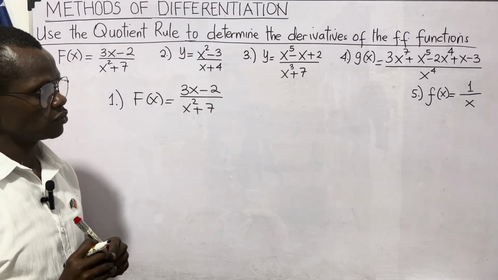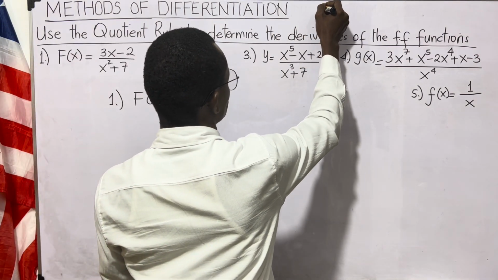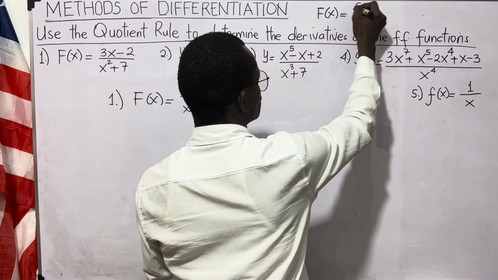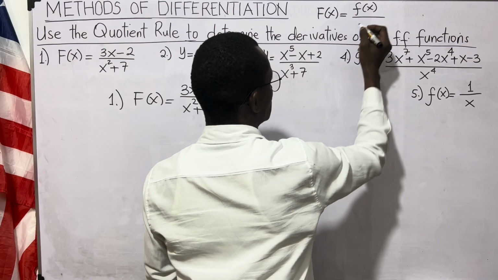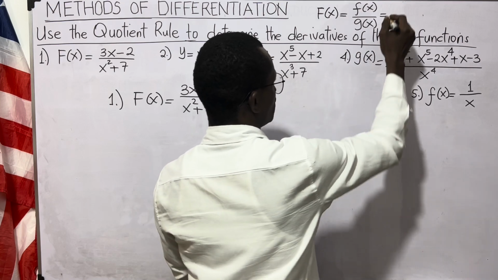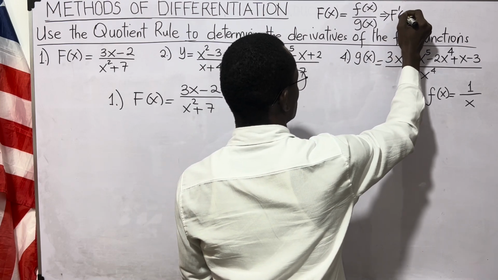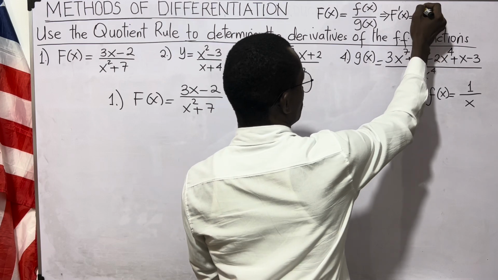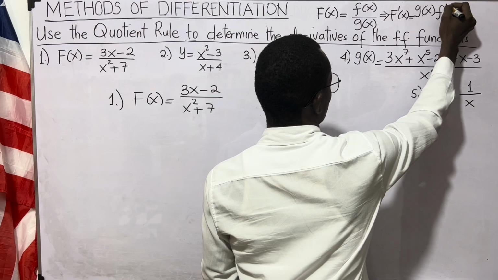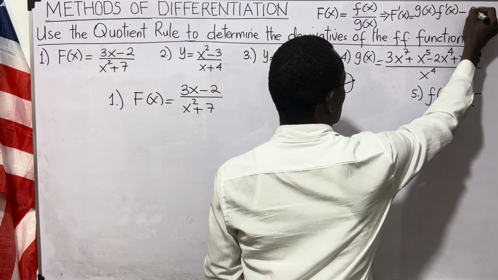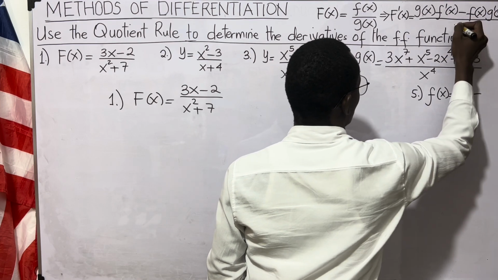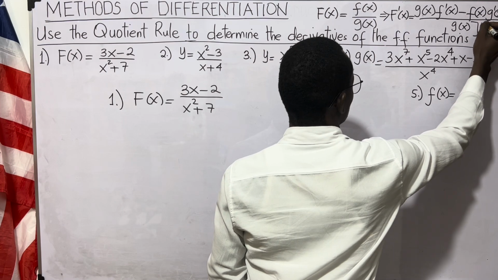So in a previous video, we said if we have a function f of x that has a numerator function, small f of x, divided by a denominator function, small g of x, the derivative, that is f prime of x, will be g of x, we just rewrite g of x, times the derivative of f of x, minus f of x times the derivative of g of x, all divided by g of x all squared.